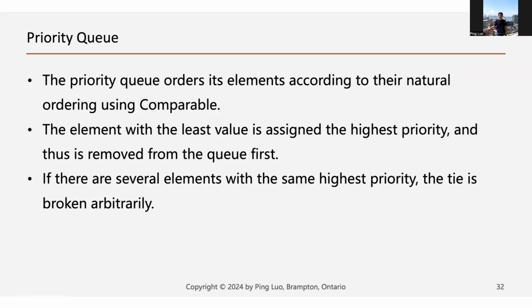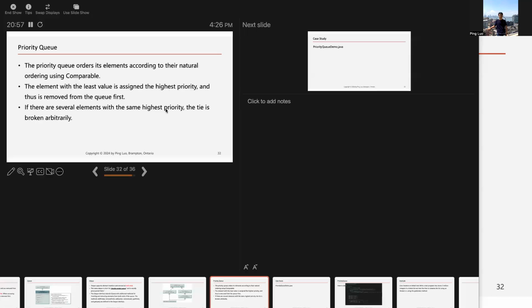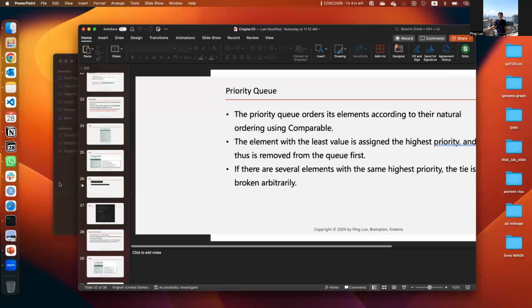Priority queue is just a queue with priority. If several elements have the same priority, then they will be randomly selected. Let's see an example.